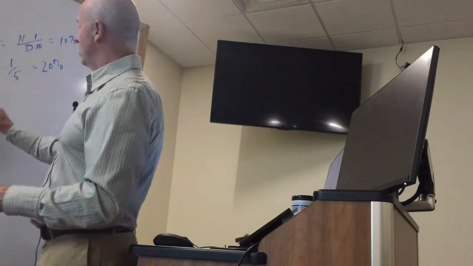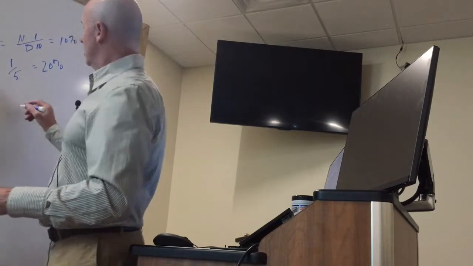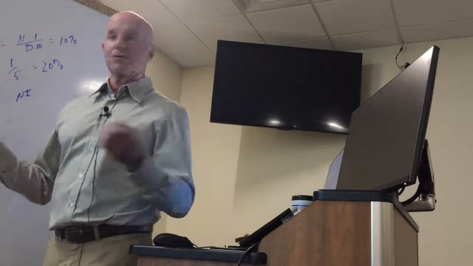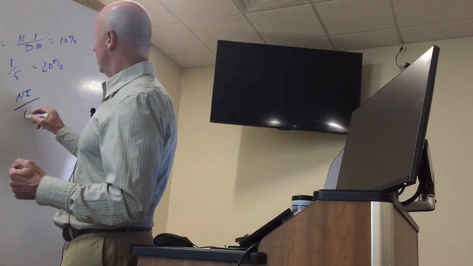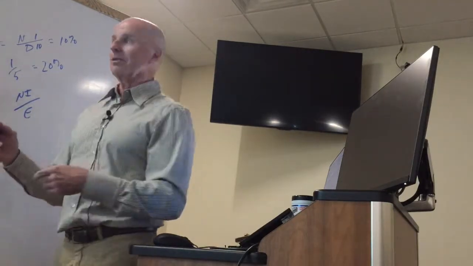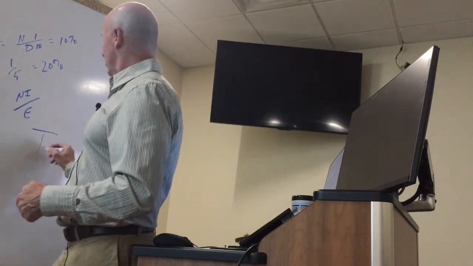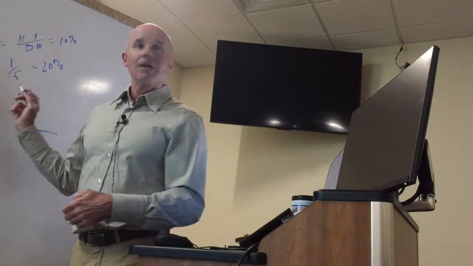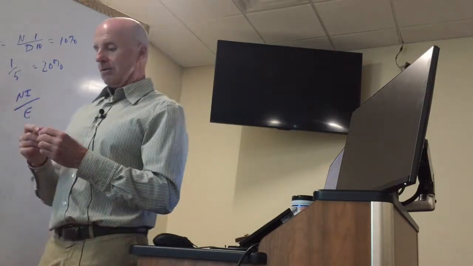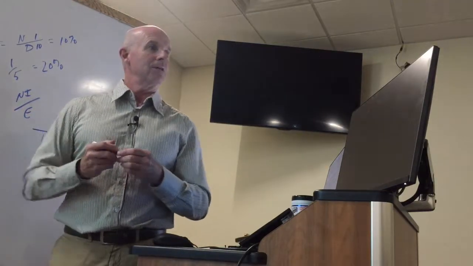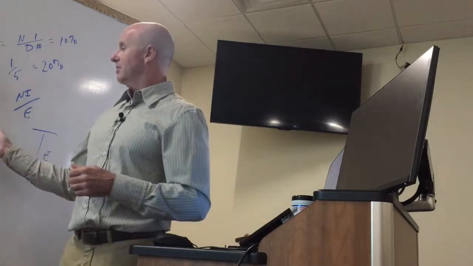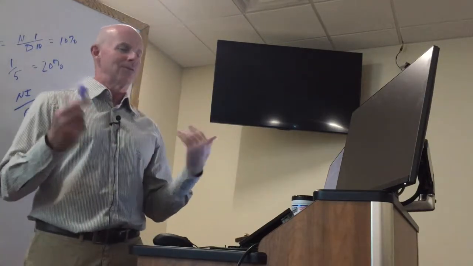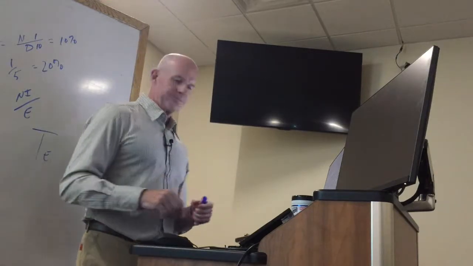So return on equity basically is net income, right? And that's the bottom line of the income statement, divided by equity, which is the equity on the balance sheet. So here we're taking one number from the income statement and comparing it to a number on the balance sheet. And that's the number that a lot of people use. What's the ROE? Another one is ROI, return on investment. Same kind of thing.